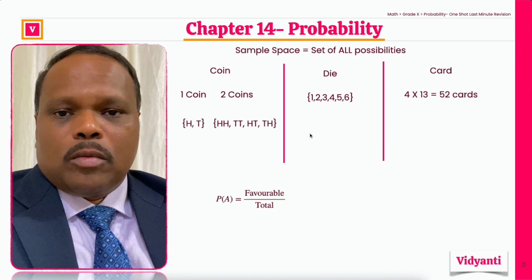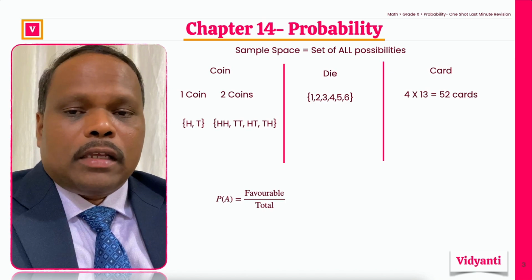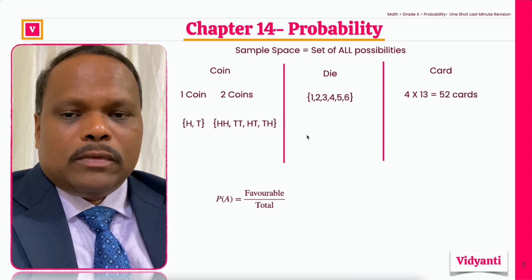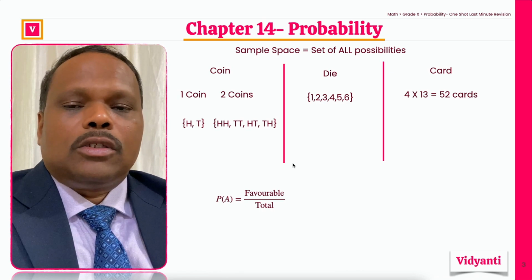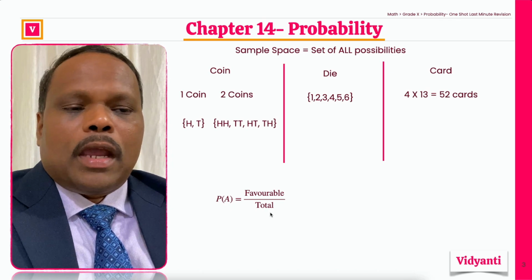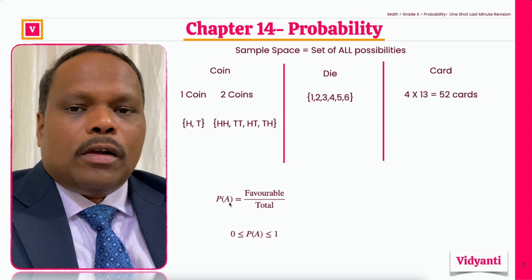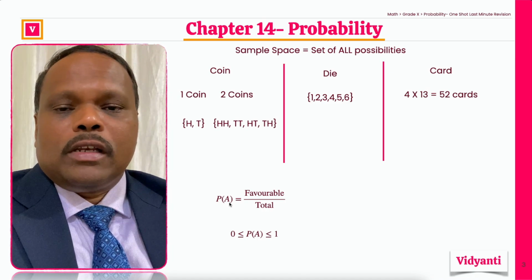Now as I mentioned, probability is a ratio. What you are looking for, the favorable, will be in the numerator, and the sample space, the overall number of ways that thing can happen, will be in the denominator. So it's a ratio of favorable upon total, and that will be denoted by probability of event A. Probability of any event lies between 0 and 1, extreme values included.